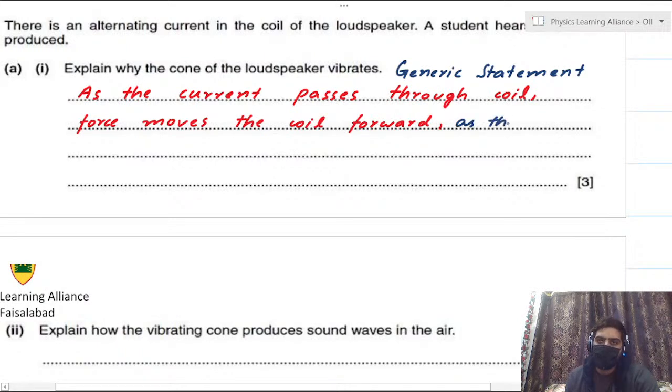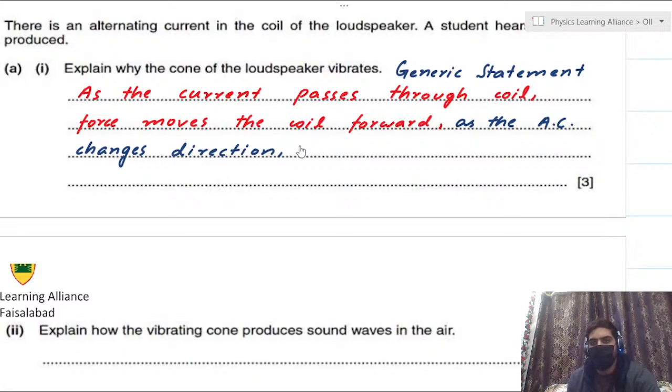As the alternating current changes direction, force would be in the opposite direction.